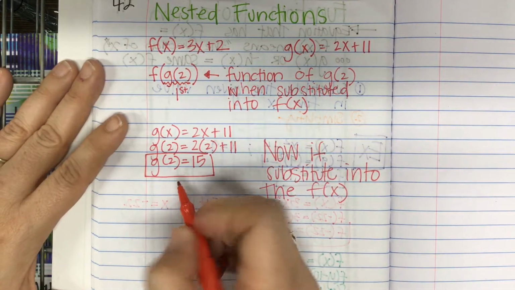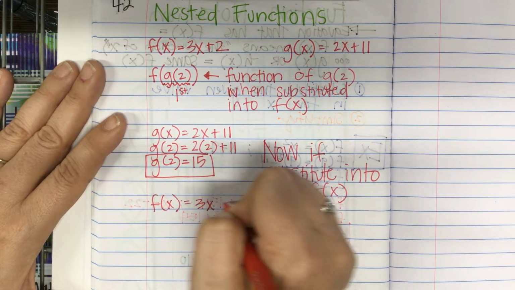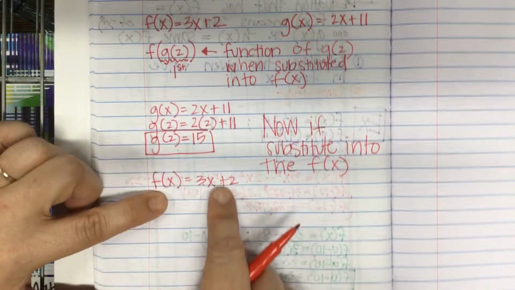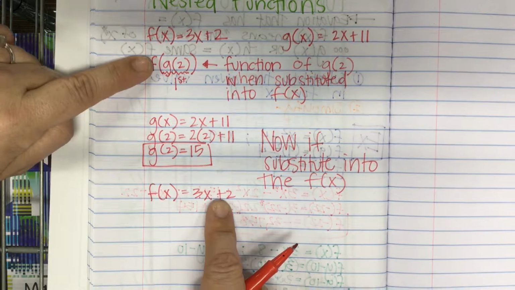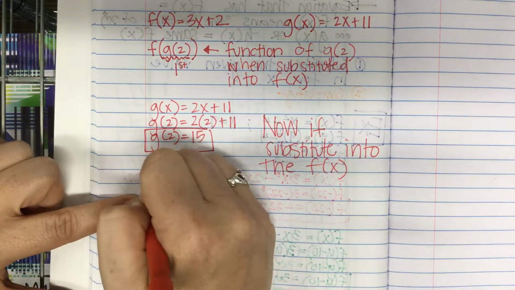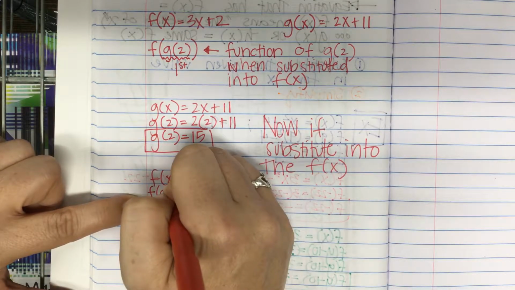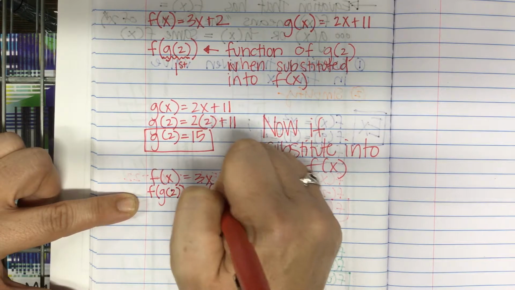So now I take this answer and instead of x, because I'm putting this answer in here, right? I'm going to say the g of 2. I'm going to put 2 in.